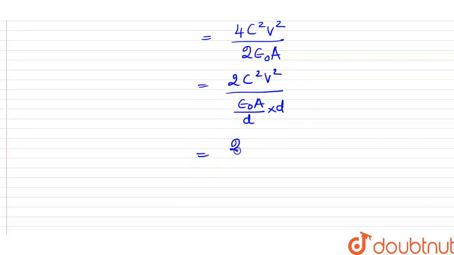Finally we have 2 into C into V square divided by D. This is the formula for the force on a single spring.